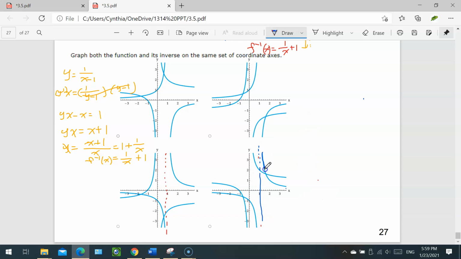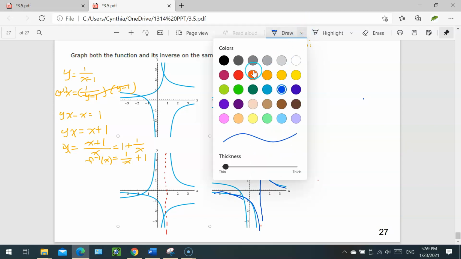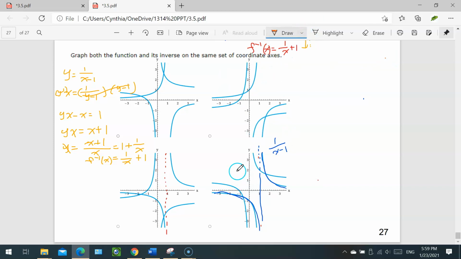So that means this one and this one, these two pieces of curve, are 1 over x minus 1. Horizontal asymptote at y equal 1.